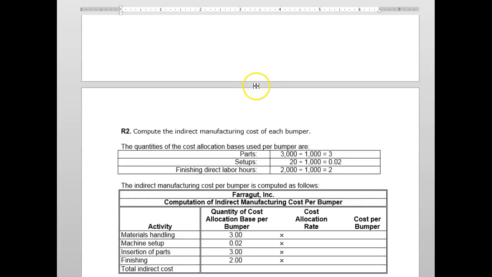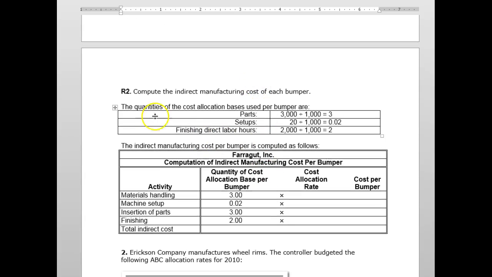Now you're going to come down here and compute the indirect manufacturing cost of each bumper. The quantities of cost allocation bases per bumper: you've got 3,000 parts divided by 1,000 bumpers, so you have to figure out how much you're going to use for each bumper.